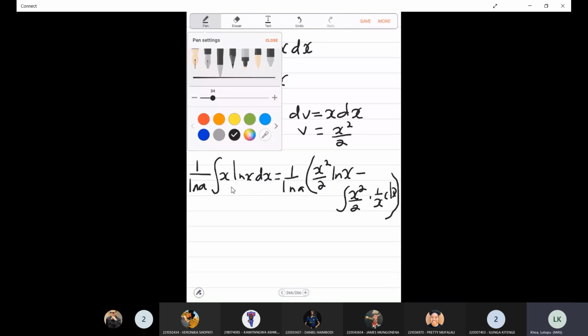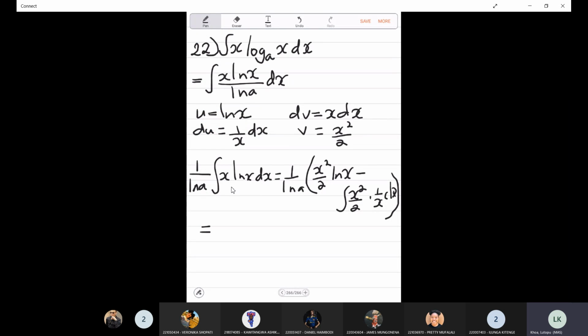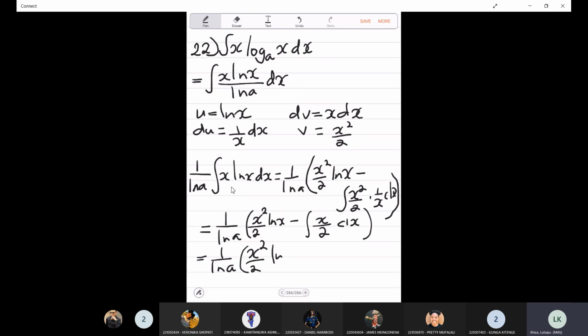Okay, this gives us one over ln of a and x squared over 2 ln of x minus the integral of x over 2 dx, which is 1 over ln of a, x squared over 2 ln of x, and then the integral of x over 2 is x squared over 4.